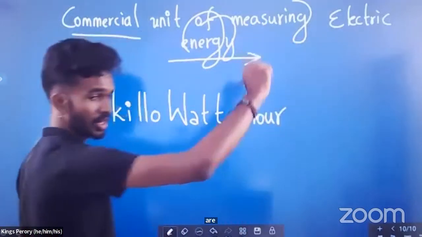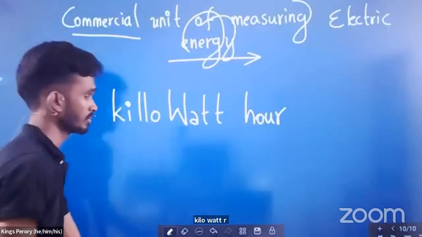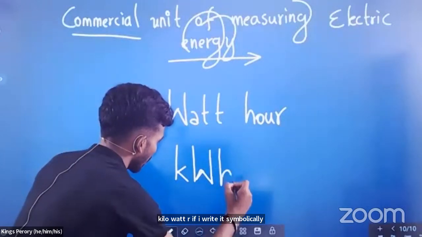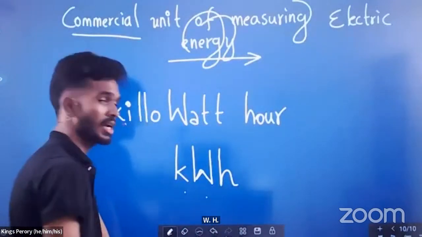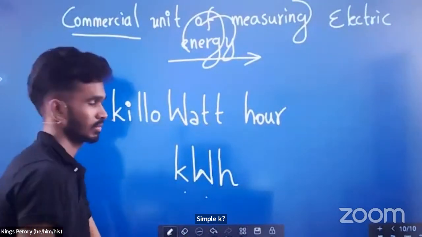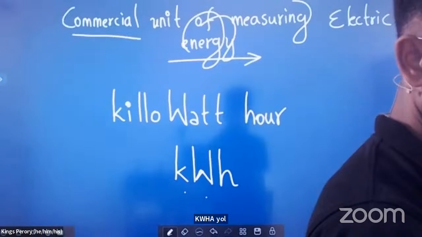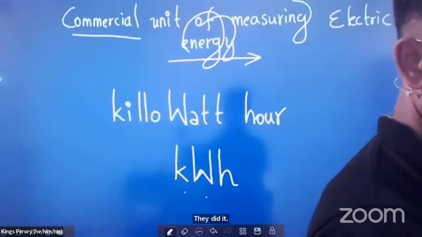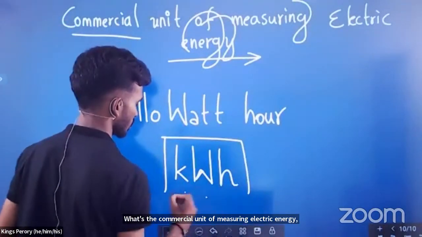If I write it symbolically, it is simple k, capital W, simple h, called kWh. What's the commercial unit of measuring electric energy? kWh, kilowatt hour.